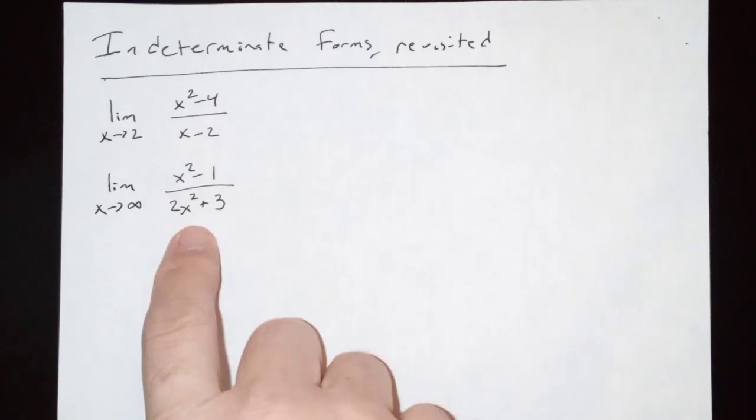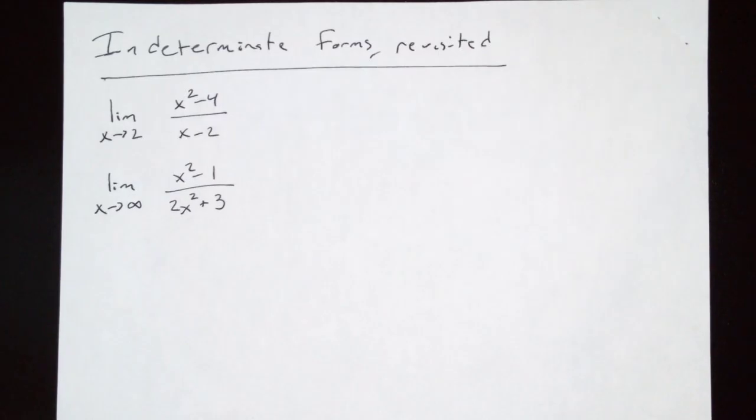Right. In this case, I would look at the highest powers. And since the highest powers are equal, when the highest powers are equal, I divide by the highest powers, right?